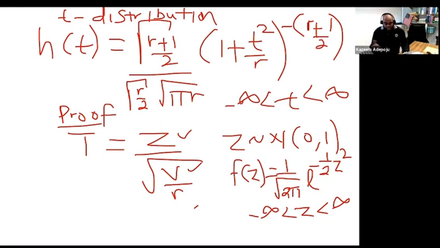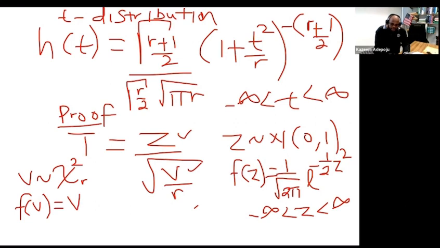Now, what about V? V follows a chi-squared distribution with r degrees of freedom. And if I want to write the density function of the chi-square distribution, f of v, I'm going to have v raised to the power r over 2 minus 1, exponential raised to the power minus v over 2, divided by gamma of r over 2 times 2 raised to the power r over 2.